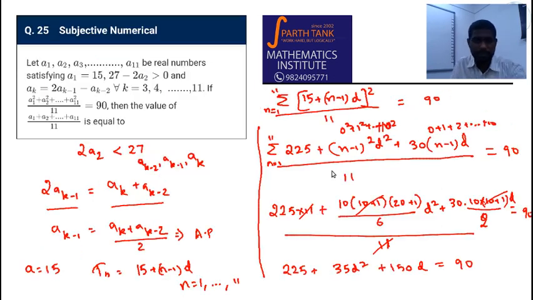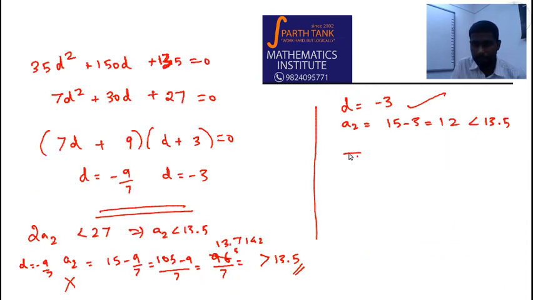So now what have they asked us? They have asked us a1 plus a2 plus and so on up to a11, that is sum of n terms, n is 1 to 11, upon 11. So sum of the first 11 terms of this AP, since we know a is 15, d is minus 3, n is 11.